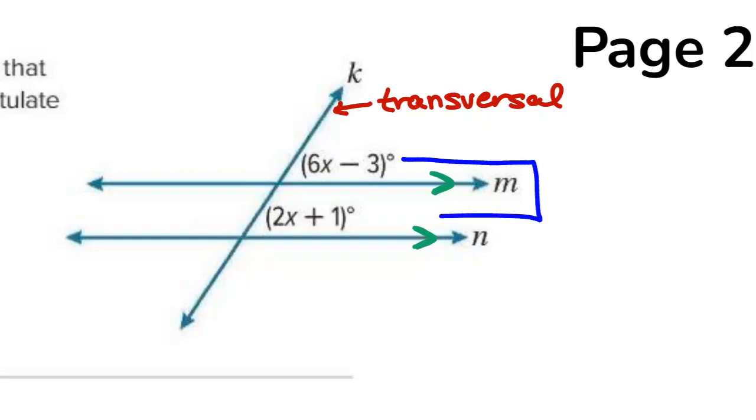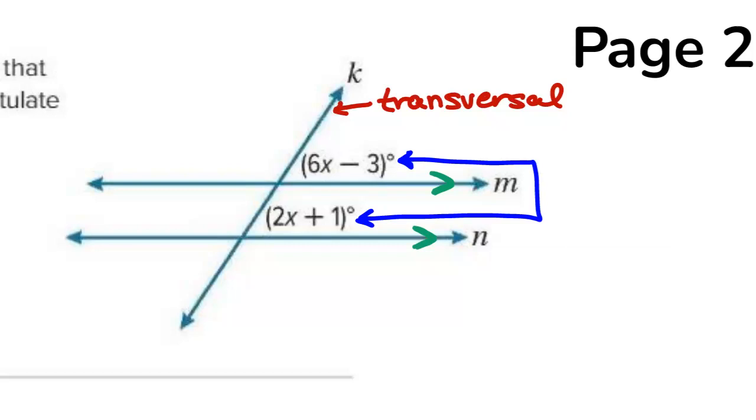And these are the two angles they gave me that have x in them. Are those two angles on the same side or opposite sides of that transversal? Same side. Are they interior to M and N, exterior to M and N, or do they have matching corners?